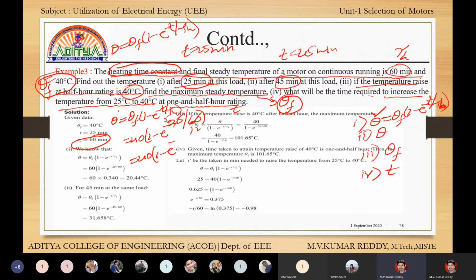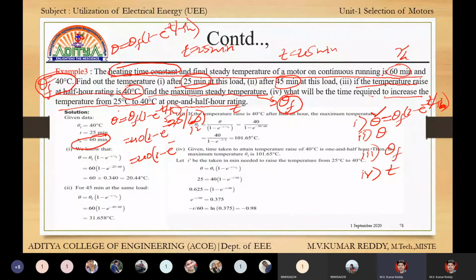Now the value of the exponent: 25 divided by 60 is 0.4167.